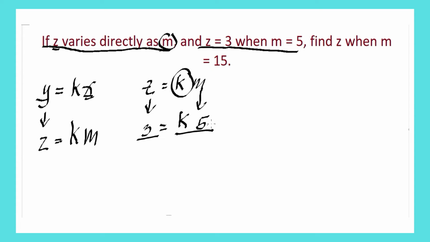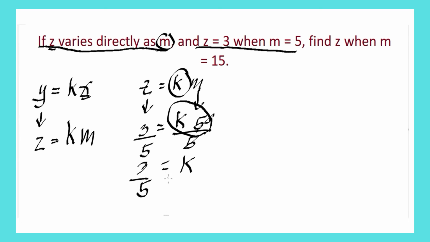The coefficient of this side is 5. So you are going to divide both sides by 5. So k is equal to 3/5. It means that our constant of proportionality is 3/5.